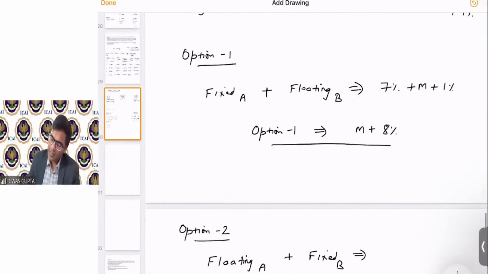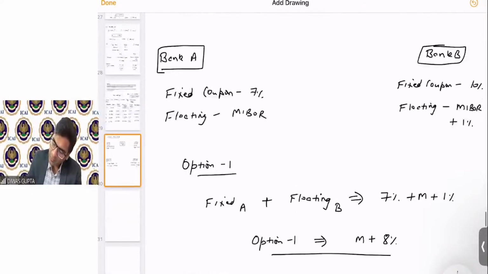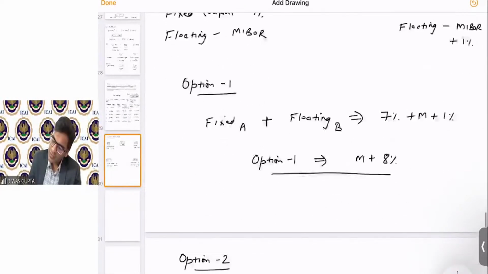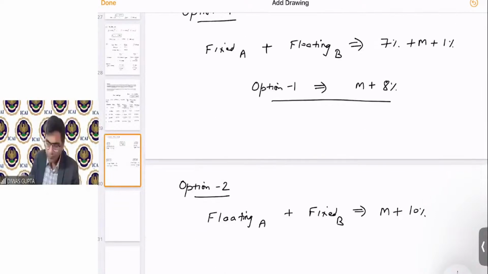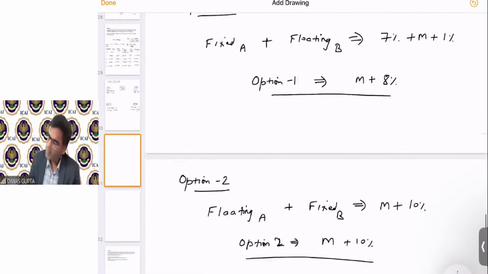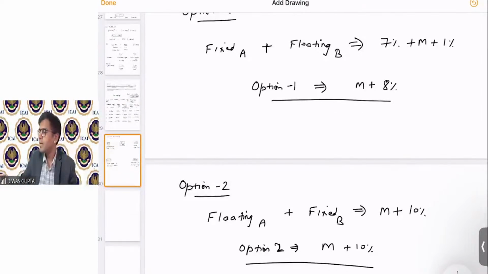Floating for A is exactly MIBOR, plus fixed for B is 10%. So if you see, option 2 will give them MIBOR plus 10% in totality. Correct? This is the interest rate that will appear in totality for option 2. Agreed?